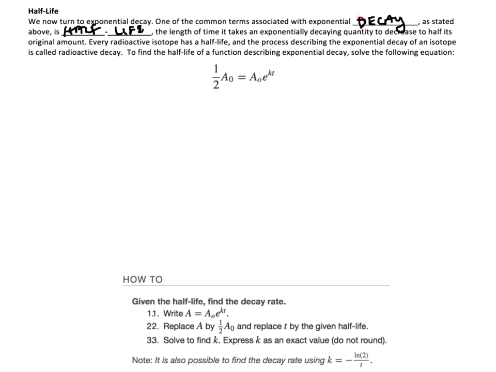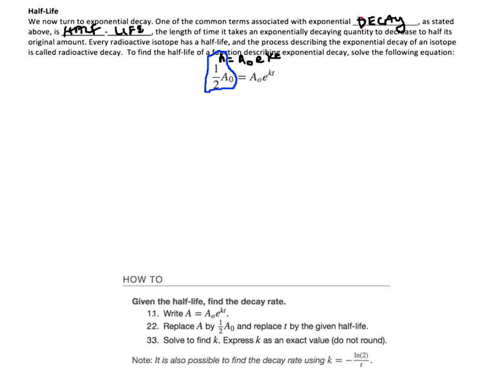We still use the exponential growth model, which in its original form is A equals A sub 0 e to the kt. But notice we plugged in 1/2 A sub 0 because we want that output to be representative of when half of the amount of that initial carbon-14 is present.